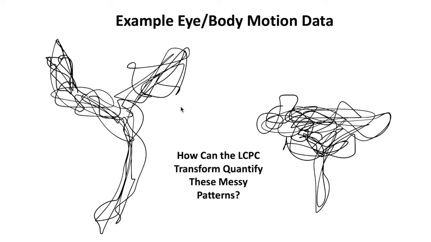They then measure features such as the area of the cloud or the density within the clouds. The LCPC transform can measure spatial information distinctly from clouds and densities and can extract novel information that complements the current methods. Let's provide some context as to what these squiggly patterns represent.